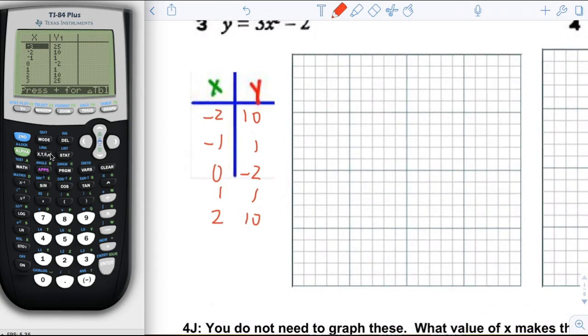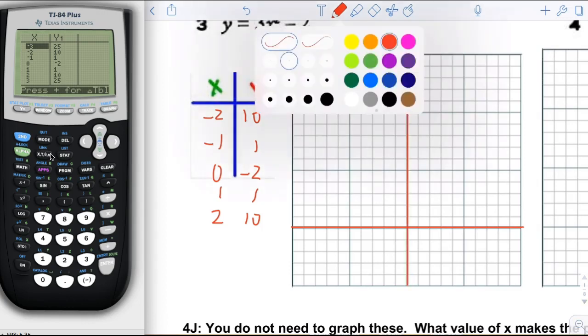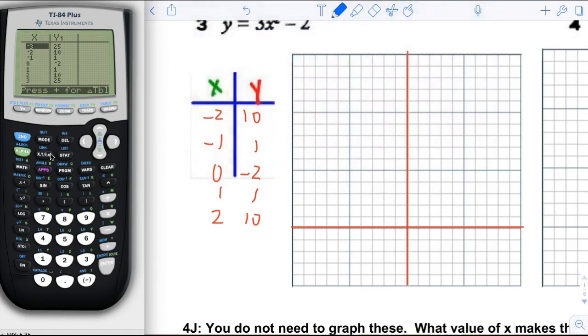So we got some negative values, but mostly positive values. So the vertex is 0, -2. There's also a point at 1, 1, -1, 1, 2, 10, -2, 10.